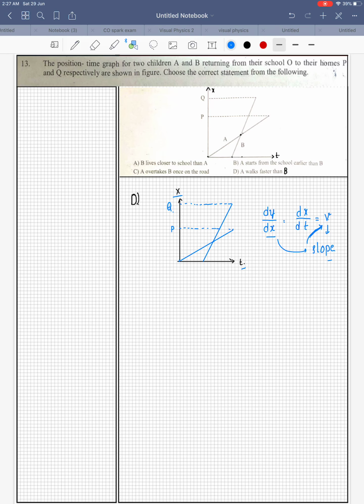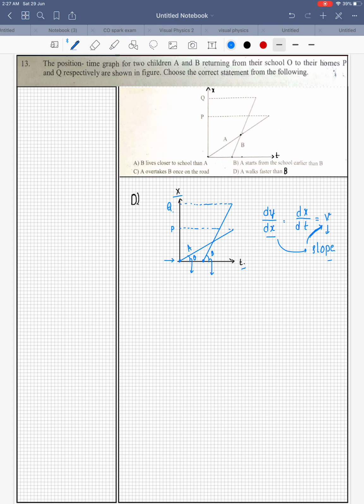So this is A's path, this is B's path. You can understand from here, let this be the position of their school. Before that, find the velocity of A, which is tan of this angle, and the velocity of B is tan of this angle.